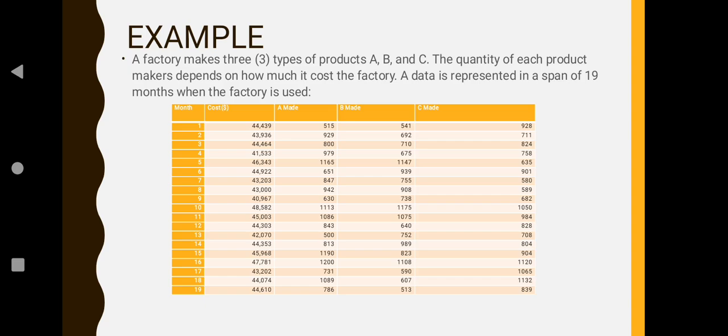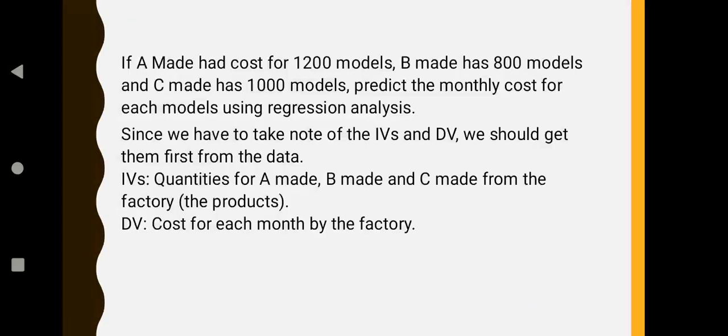So this is our data involving three types of products of a factory wherein they're going to use a factory machine, or these are the costs and the products that are made each month for this factory. So if A made had 1,200 models, B made 800, and C has 1,000 models, predict the monthly cost for each model using regression analysis.